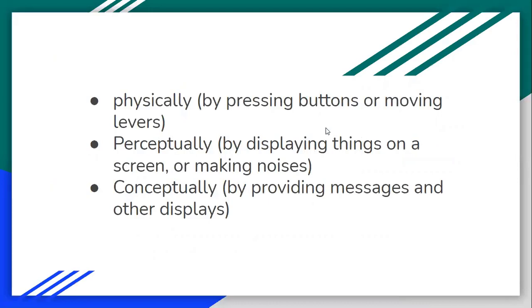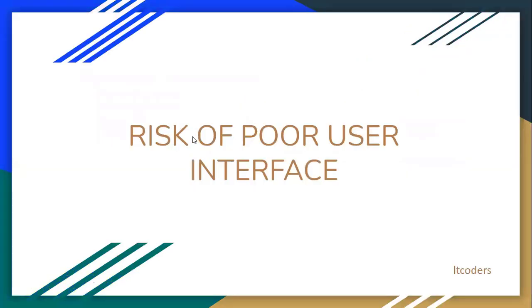It happens physically, perceptually, and conceptually. Physically means by pressing buttons or moving levers. Perceptually means by displaying things on a screen or making noises. Conceptually means by providing messages and other displays.